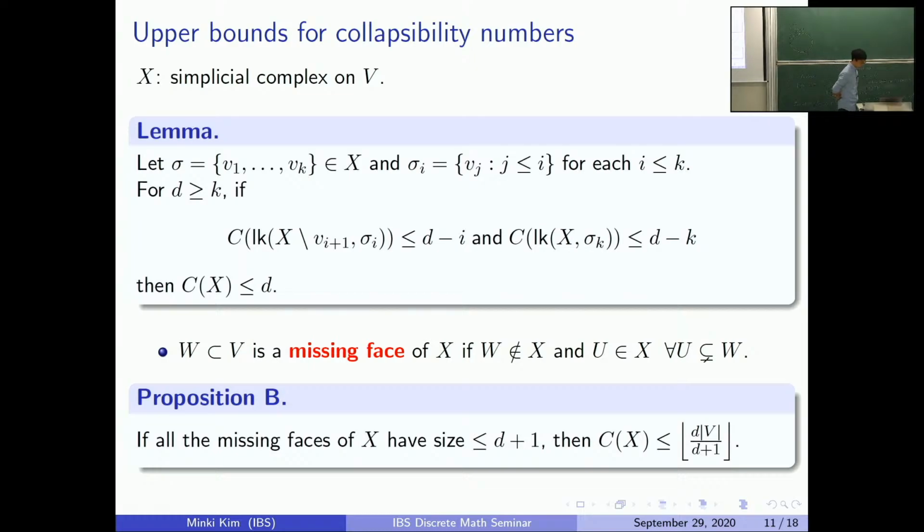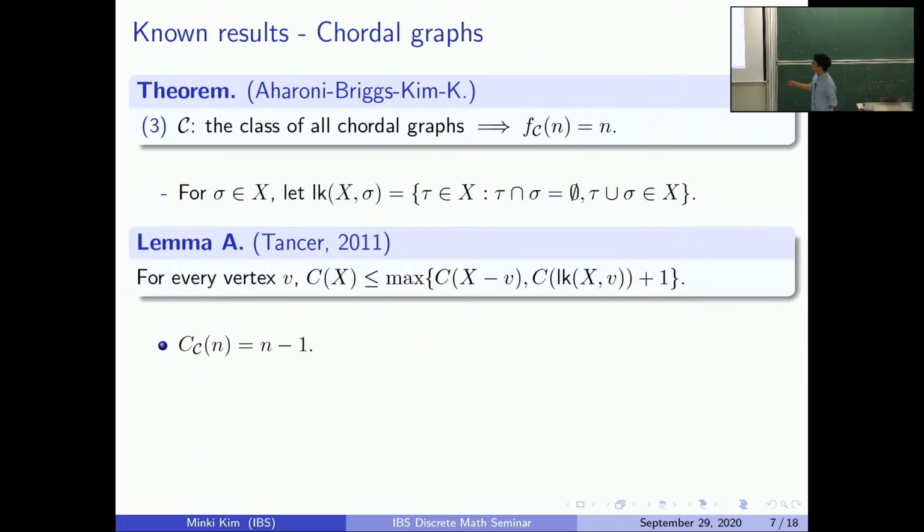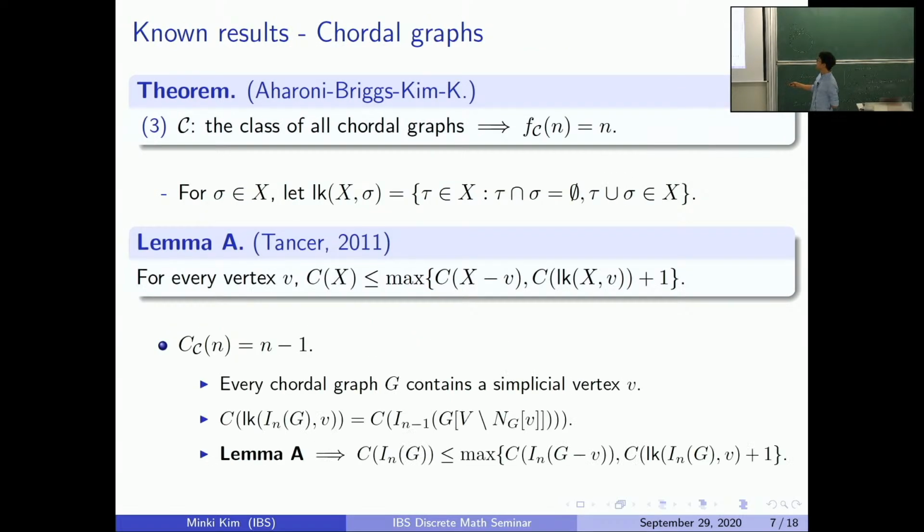To prove theorem 2, we introduced some lemmas, 2 lemmas indeed, and what we need is 3 lemmas, but one is this lemma A, Tancer's lemma. Maybe let me write down this.